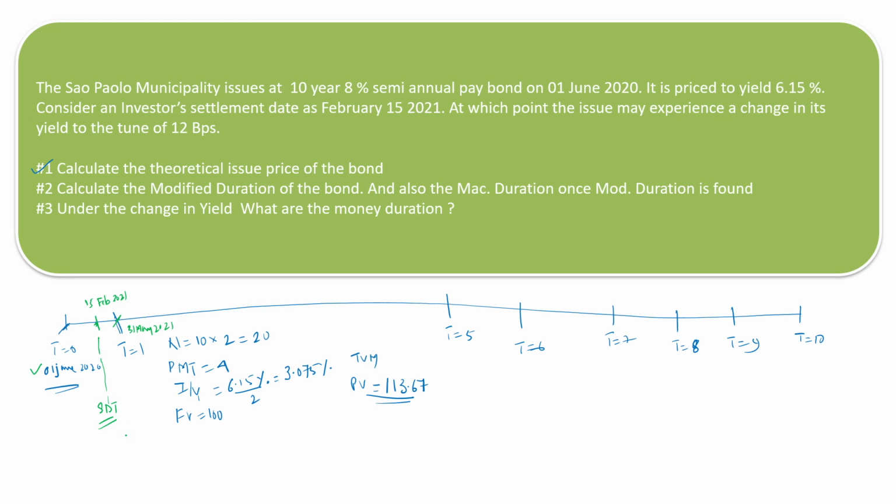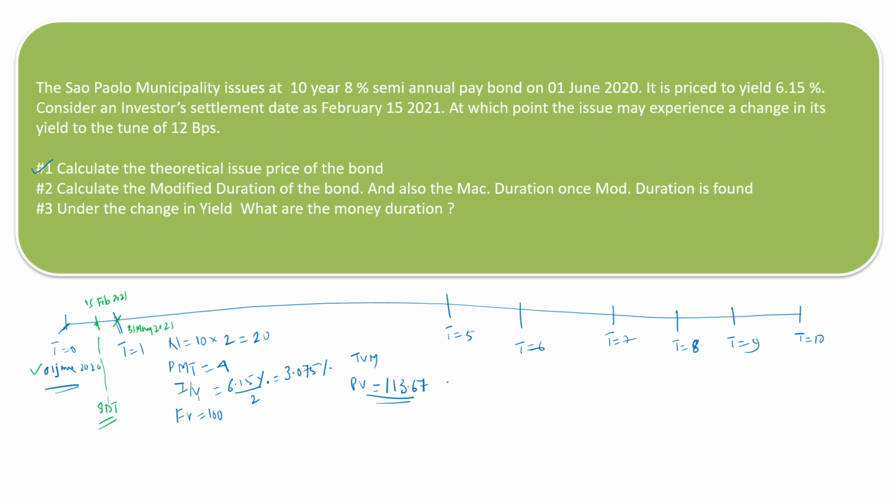Okay. All right. So what we are required to find out is the modified duration of the bond and also the Mac duration once the modified duration has been found. There are a few ways of finding it. One is that you can directly make use of your calculator and find the modified duration of the bond.